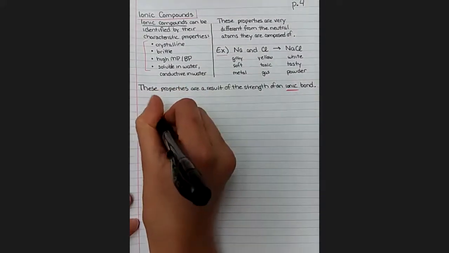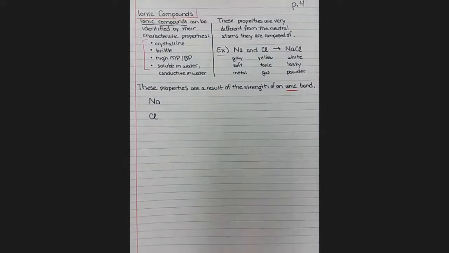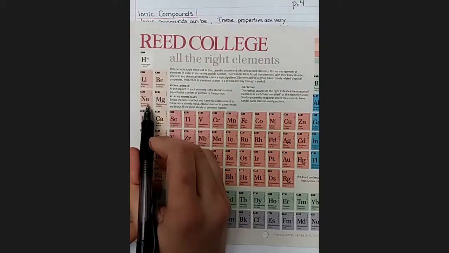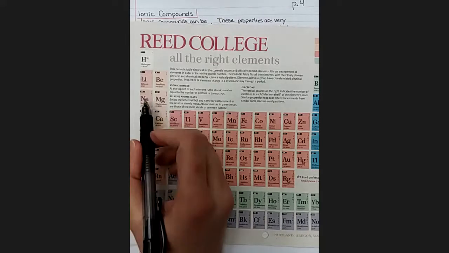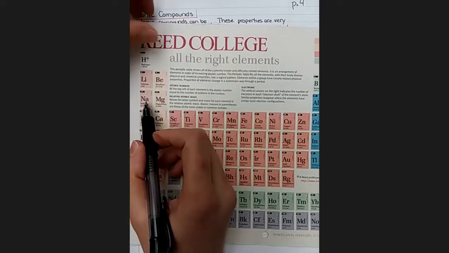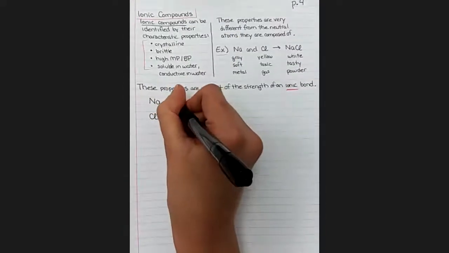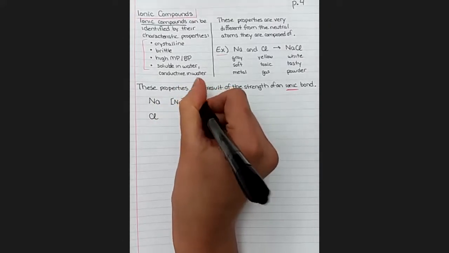So let's look again at sodium and chlorine. Let's write the electron configuration for those two. So sodium is over here. It's in the third row and it's in the s block. So the 3s1 is its valence electron, and the noble gas that comes before it is the second row neon. So its configuration of the neutral sodium is neon 3s1.